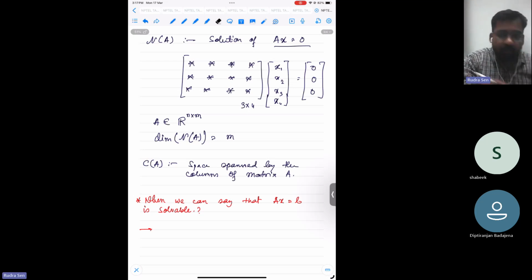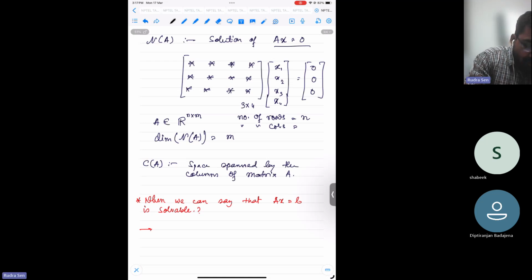So here, for an n cross m matrix, the number of rows equals n and the number of columns equals m. The dimension of the null space means the number of columns, because every vector consists of four elements. But the column space is different: every column consists of three elements, because we need Ax equals b to be solvable.